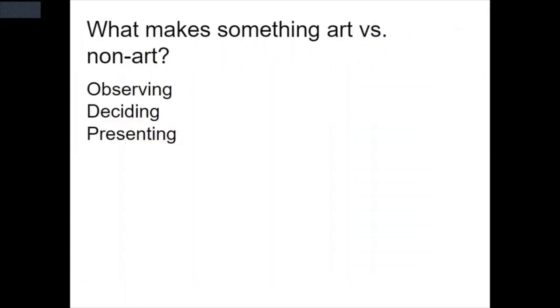Well, if we look at the world and we take something from the world and then we make some decisions about it, I think that this might be really the most important part. If we observe and make a decision and then share it with the world, an object can become art, even a banana.